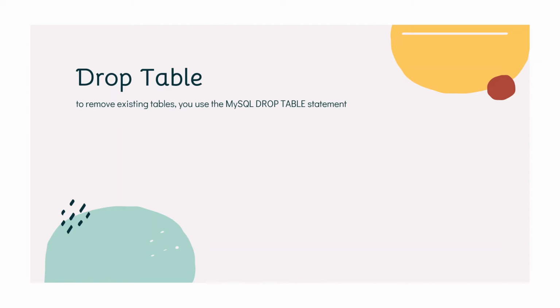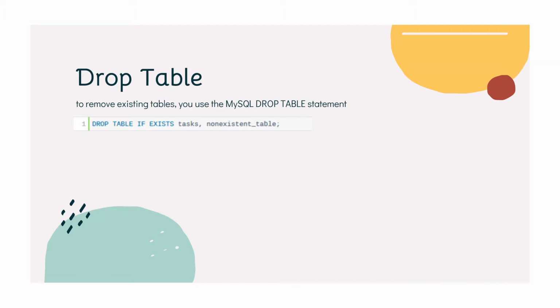Then I will explain about drop table. To remove an existing table, we can use the MySQL drop table statement. In this example, it will remove the task table that was previously created. The syntax also tries to remove a table that does not exist in the database, for demonstration of the show warnings statement.